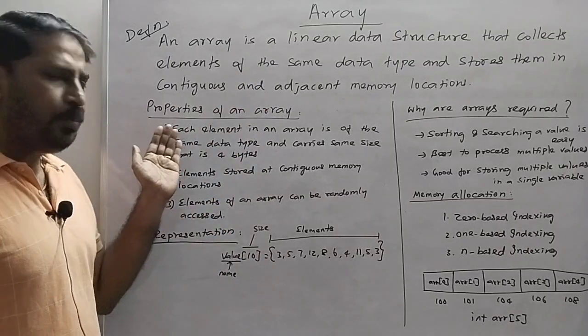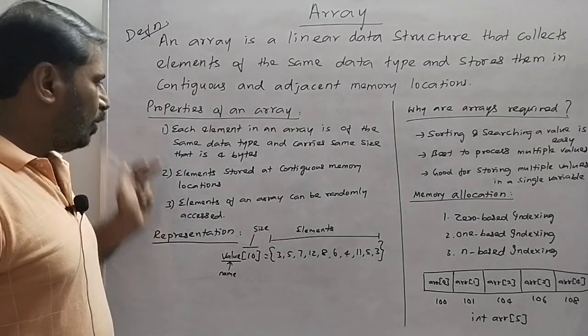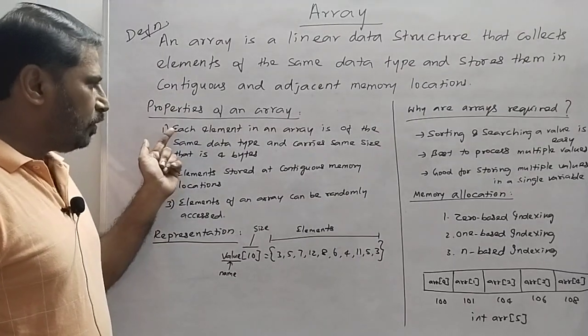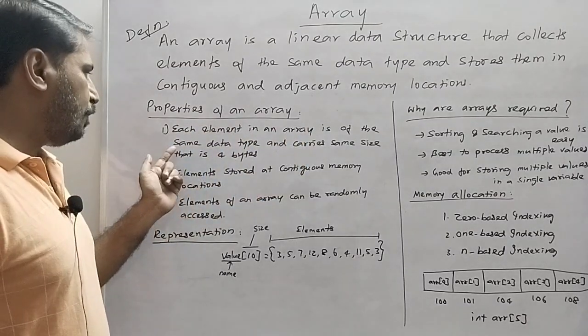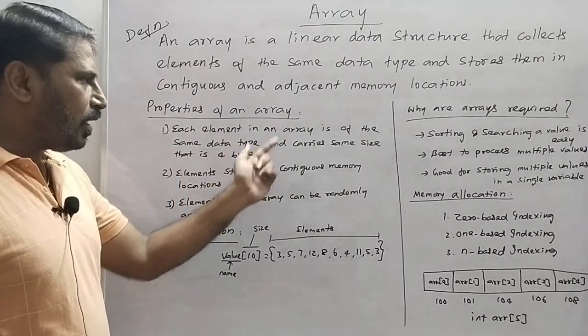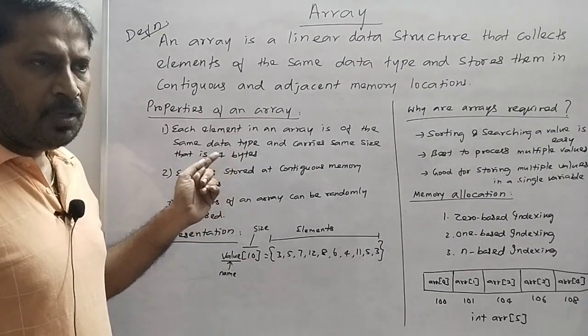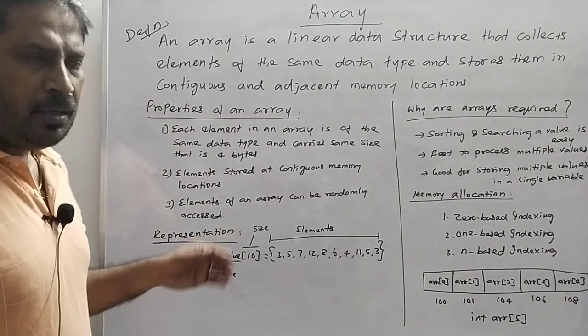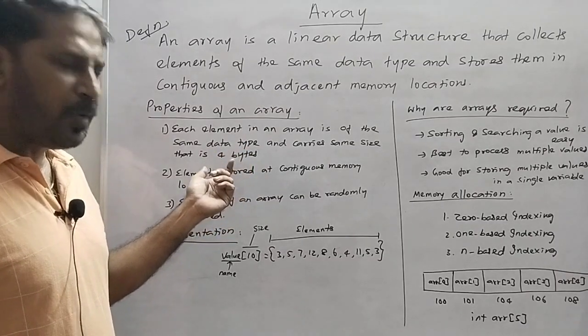Before that, the important properties of an array. There are three properties; we will say them one by one. Each element in an array is of the same data type and carries the same size, that is 4 bytes. So, in memory, each and every array element takes 4 bytes of memory.